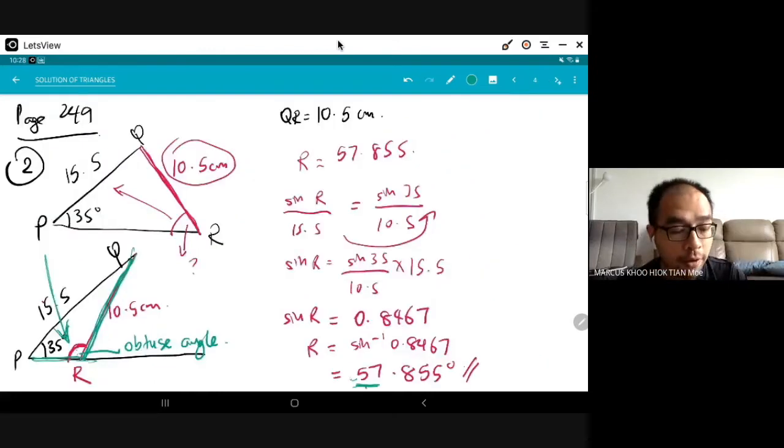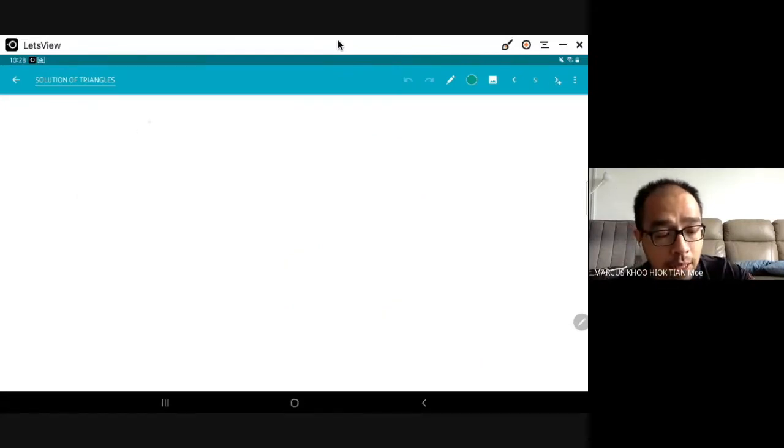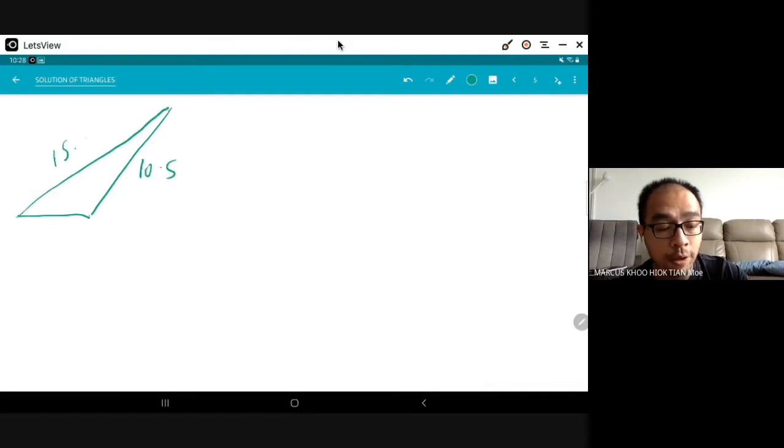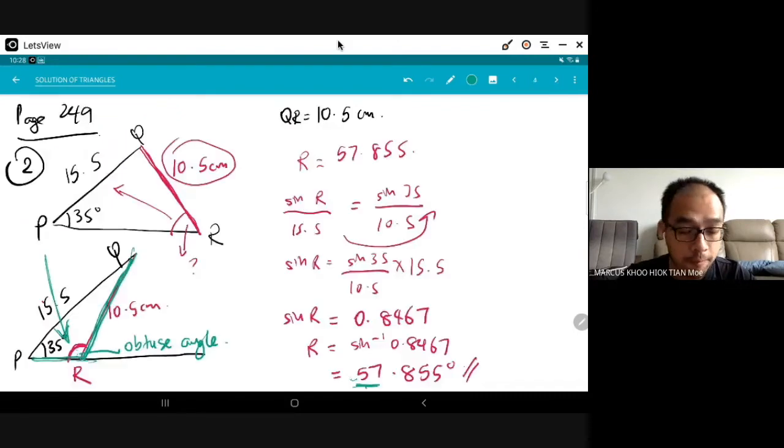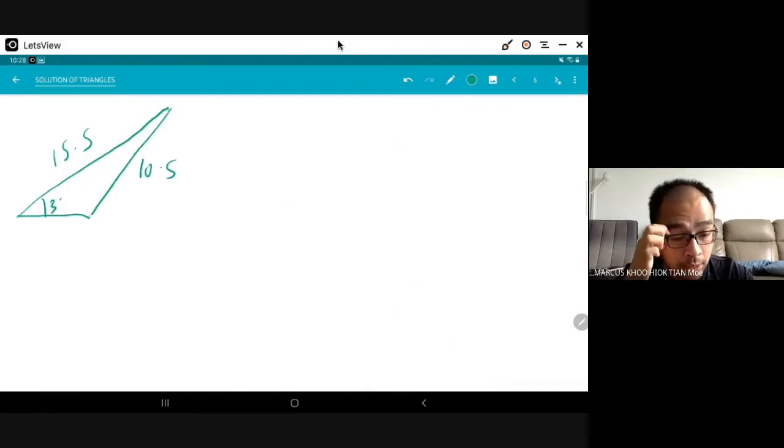So how do I find the value of this angle? This is what I am going to teach you today. So let's say now your triangle is like this already. Same 10.5, this is 15.5, this is 35. So now my problem is this angle is an obtuse angle.